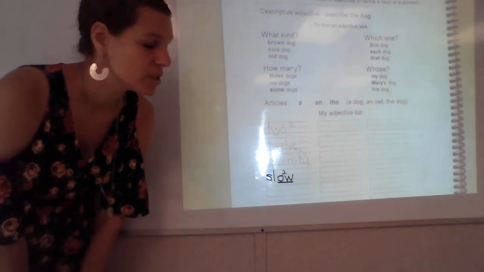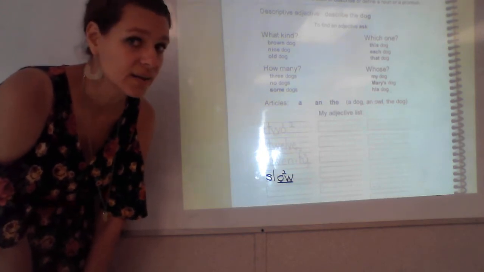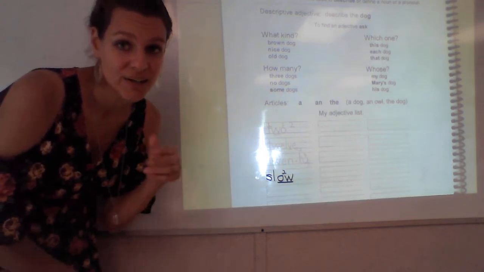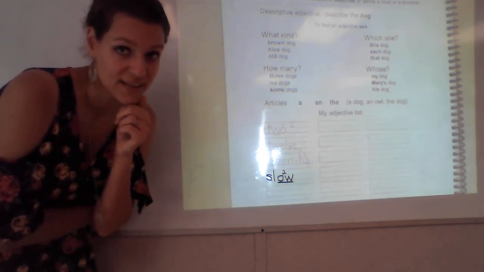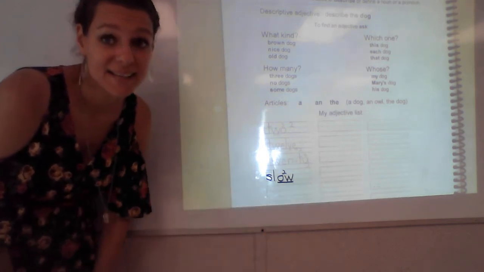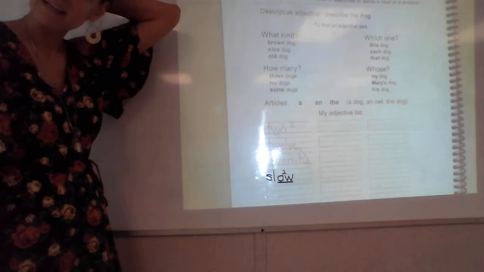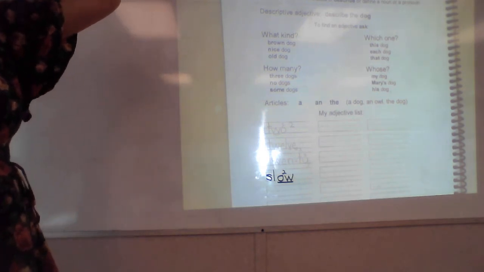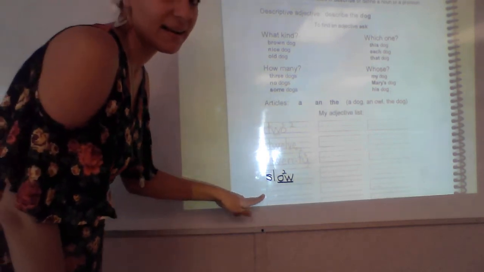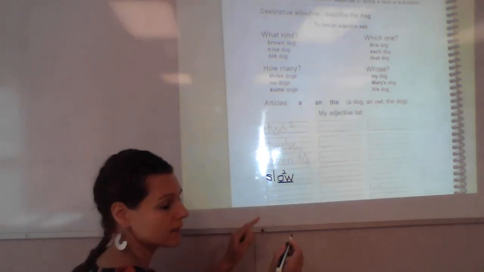Now, which k do we use at the end of quick? Good, we use k, two-letter k, used only after a single vowel that says a, i, or o. So write quick, say the sounds while you write them, and then mark it. All right, class, what do I need to write to spell quick?